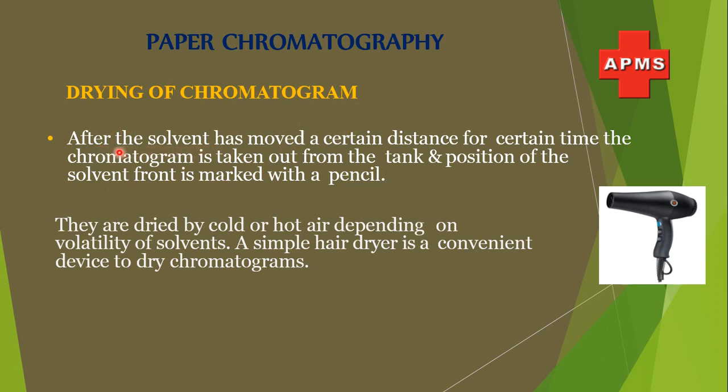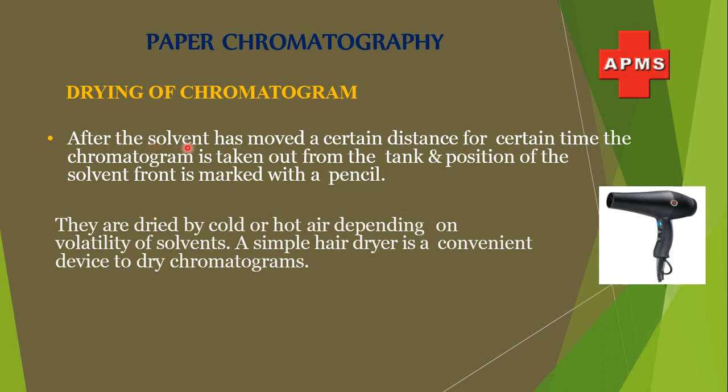If the mobile phase solvent used is very volatile, then we can leave it at room temperature for some time, and the whole solvent will vaporize and the spots and the whole filter paper become dry. But if the solvents are less volatile, then we can use dryers.